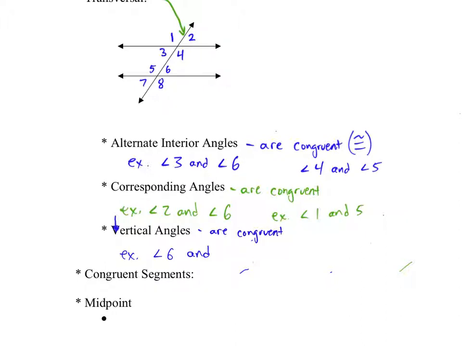So to keep it straight, for vertical angles I try to turn it into an arrow. It's going to be angle 6 and angle 7, because the arrow of that joint kind of points at angle 7. I'm trying to take this 6, and that kind of looks like a V, and just like you can pretend a V is an arrow, it points there at the 7. Oh, I get it.